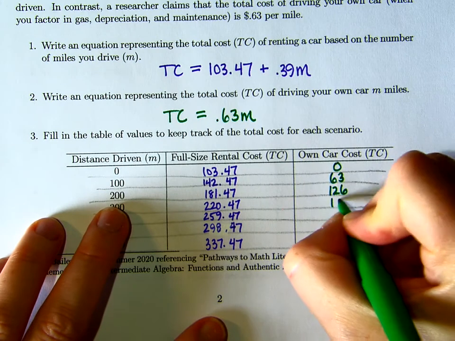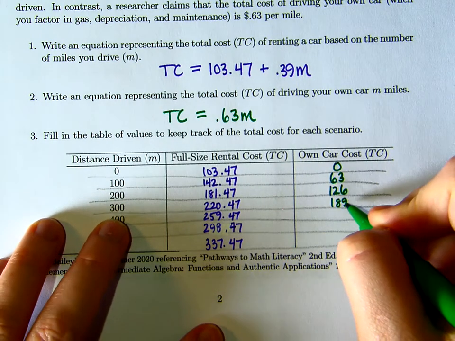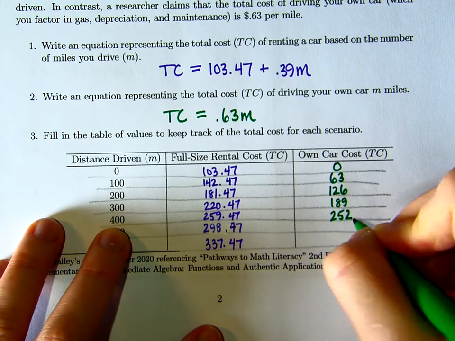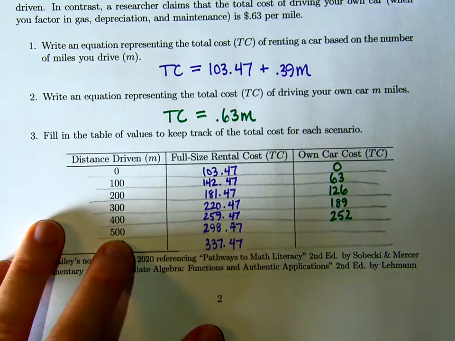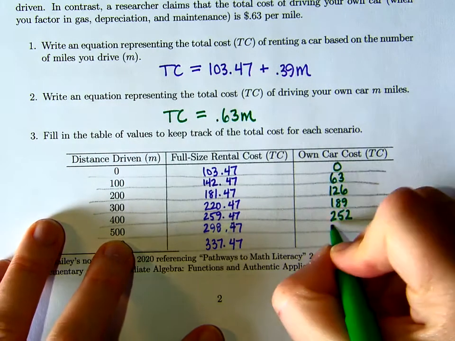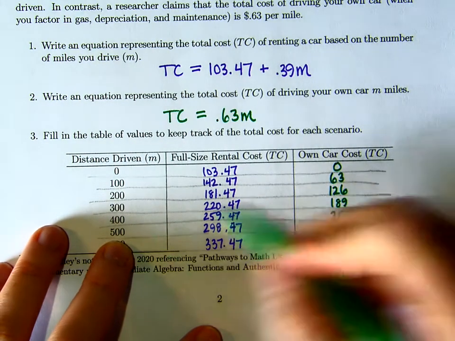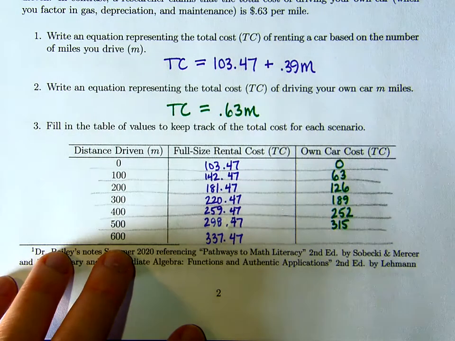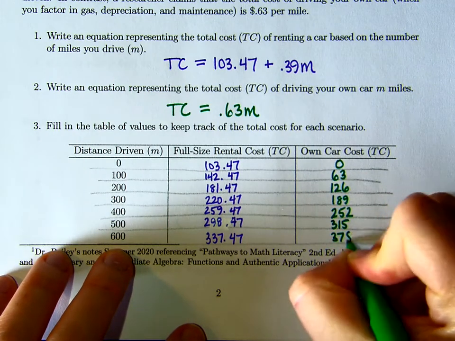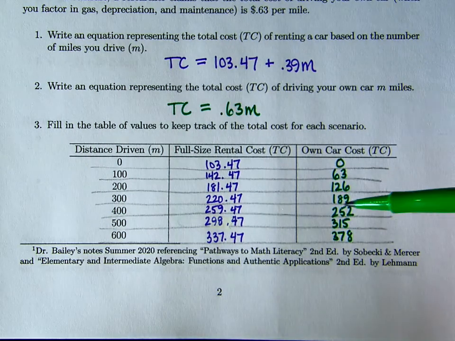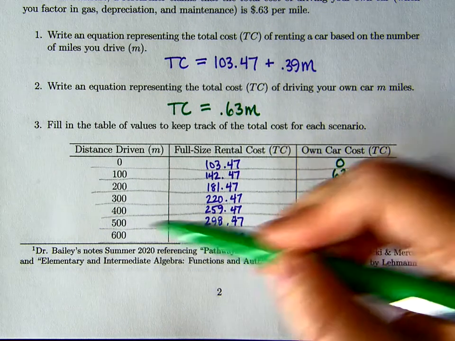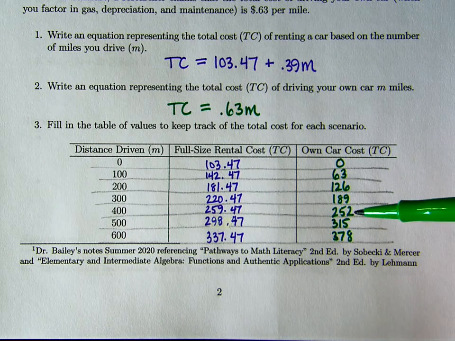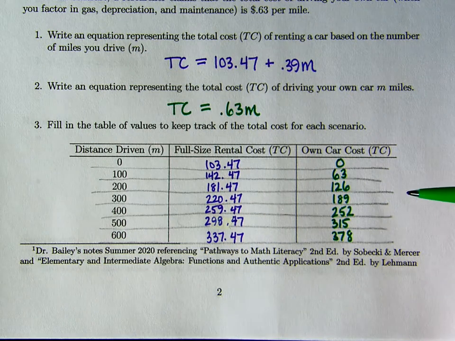And let's keep doing this. $189 to travel 300 miles. $252 to travel 400 miles. $315 to travel an additional 100 miles, and then 378 bucks is the cost if you're taking your own car and you travel 600 miles.